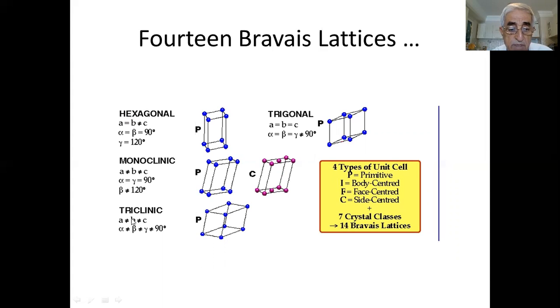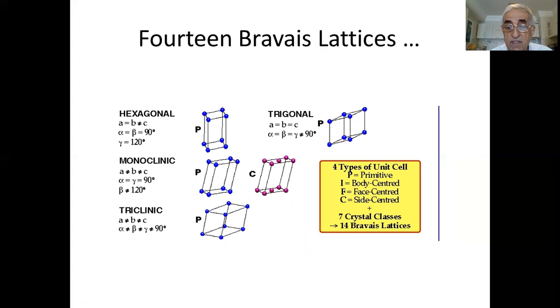Triclinic, a, b, and c are not equal, alpha, beta, gamma are not equal, and they are not equal to 90 degrees. 4 types of unit cell, with these symbols: P, primitive, I, body-centered, F, face-centered, C, side-centered. 7 crystal classes, 14 Bravais lattices.